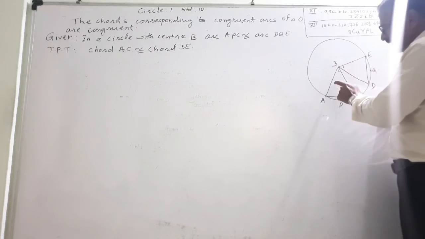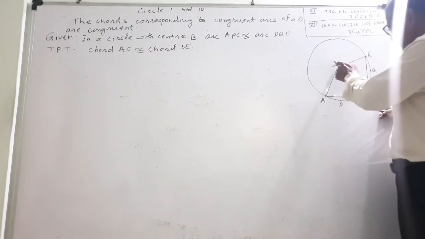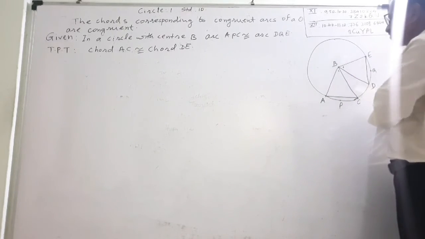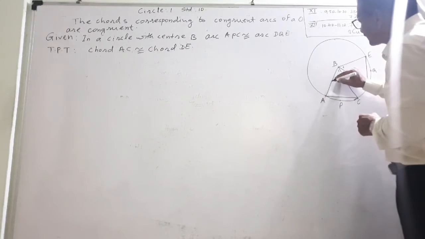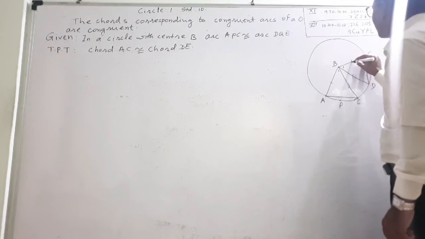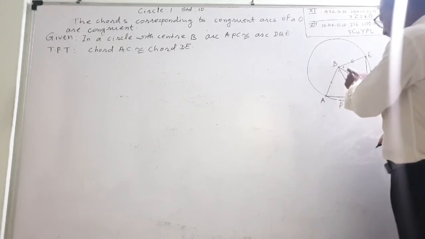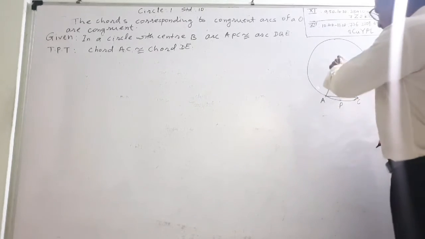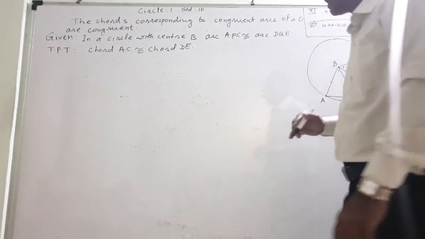Now this is the radius of the circle. BA is the radius, BC is the radius, BD is the radius, and BE is also a radius. That means this side is equal to this side equal to this side. So SAS. See this. In these two triangles, I will write it properly.